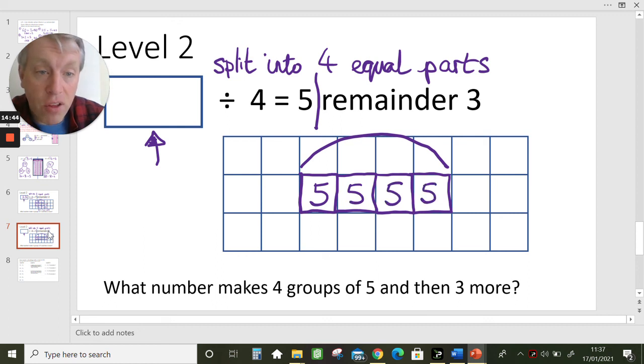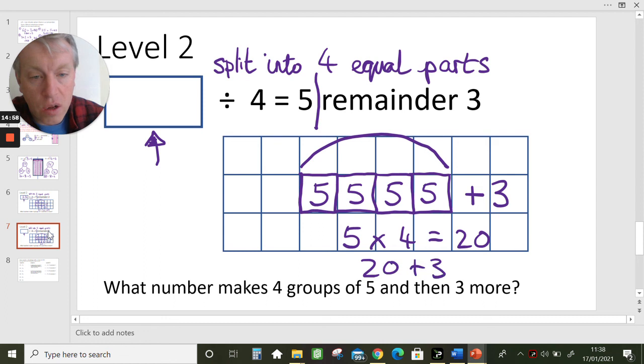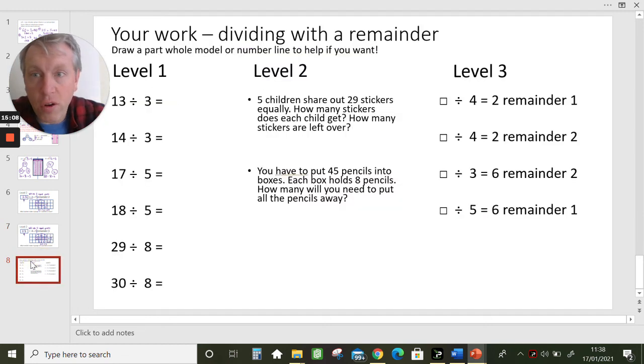And the remainder 3 means and 3 on top. 3 extra, 3 more. So it's 5 times 4 equals 20. 20 add 3, so my missing number must be 23.